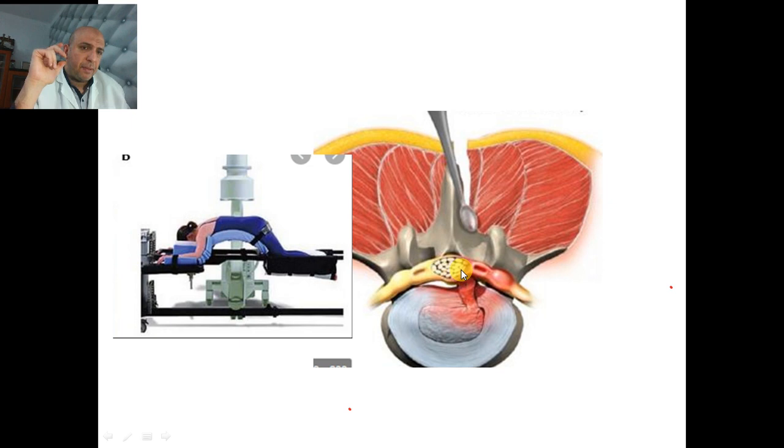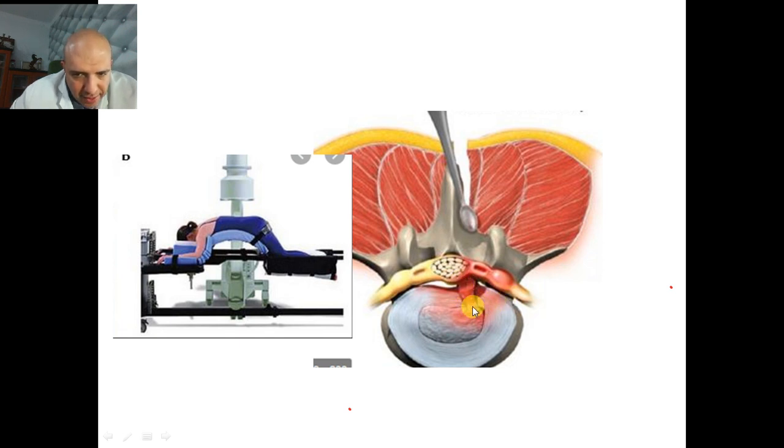By weak area, I mean a stress riser area with different directions of fibers, which makes the posterolateral part the most common site for disc herniation. And this posterolateral part is much more central. This is central, and here it is posterolateral.